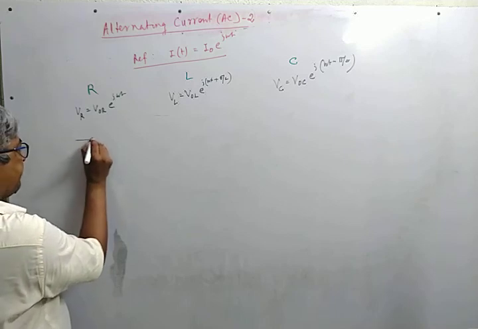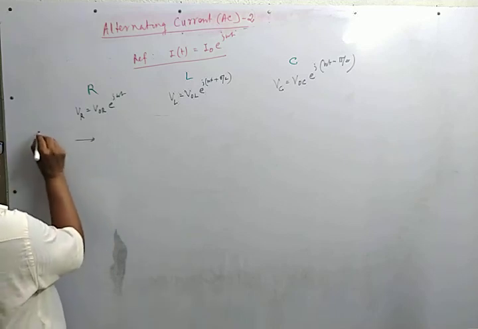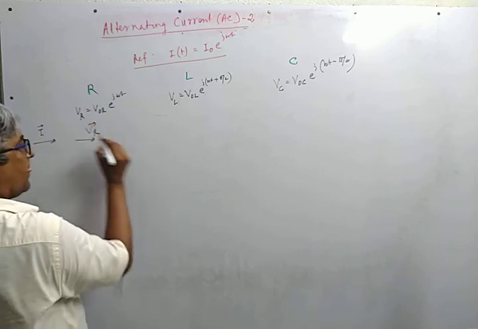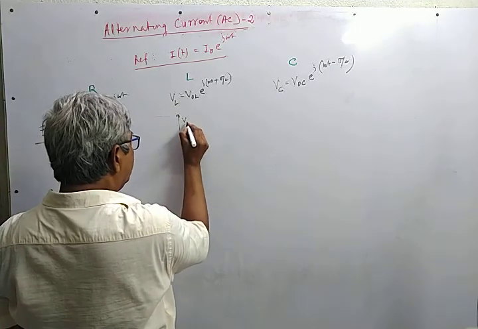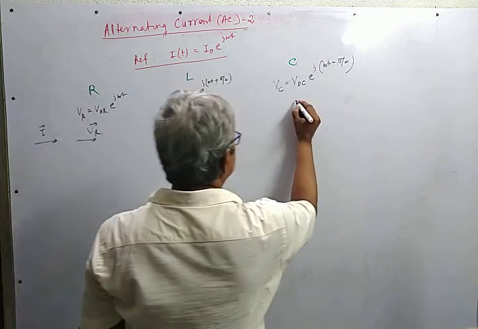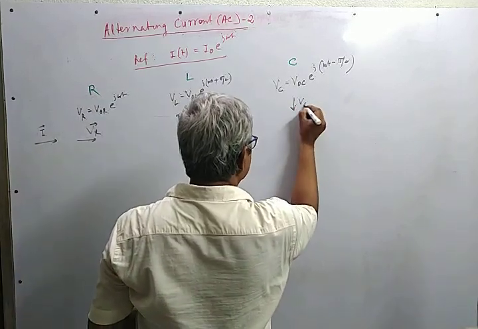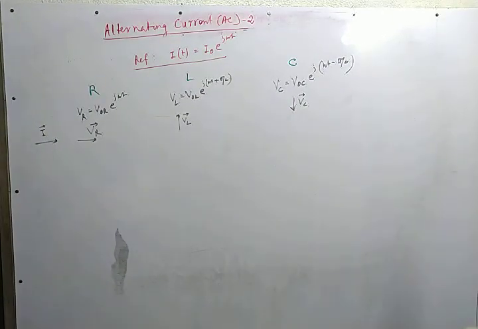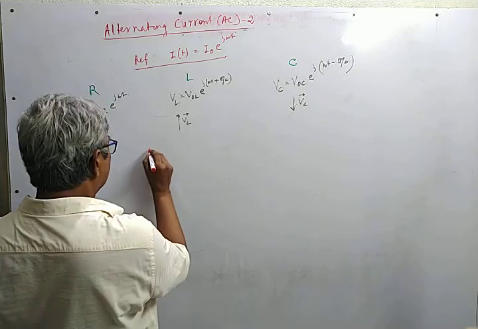Rather, this is the current phasor. This is the VR phasor, this is the VL phasor, and this is the VC phasor. And a comparative study with the reference voltage would be very helpful.